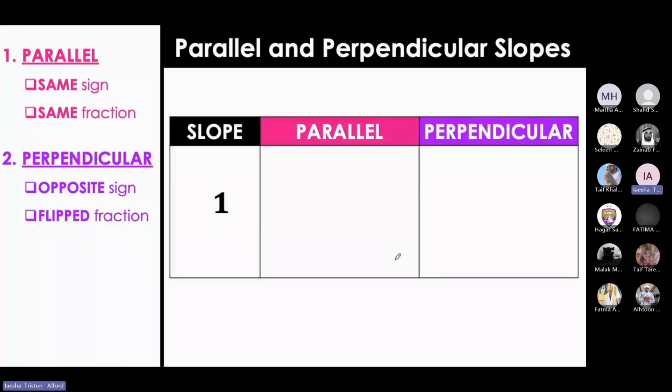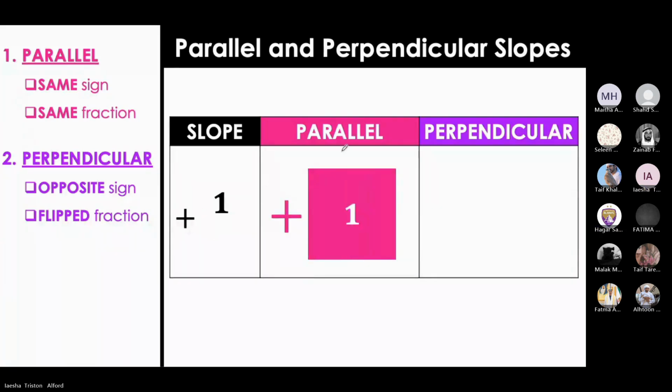Another one, this slope is positive 1. Parallel, same sign, same fraction. What number in the box? Positive 1. Perpendicular should be opposite sign. So what sign in the box? Negative.